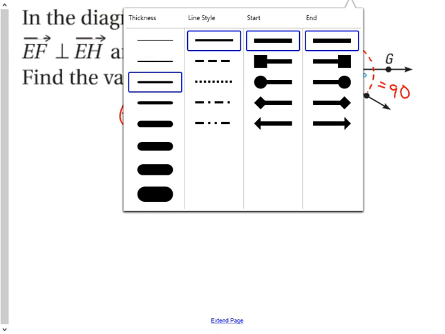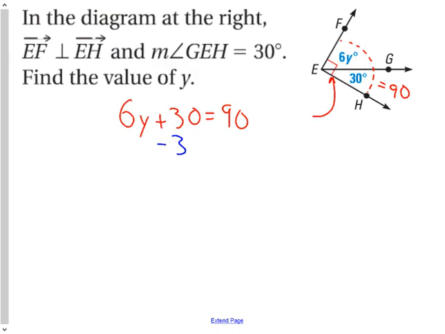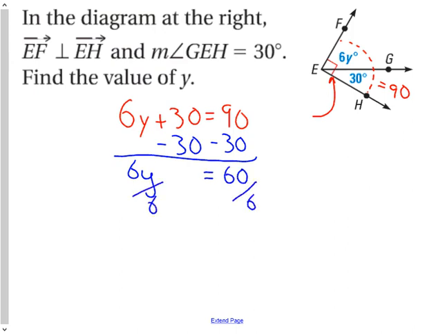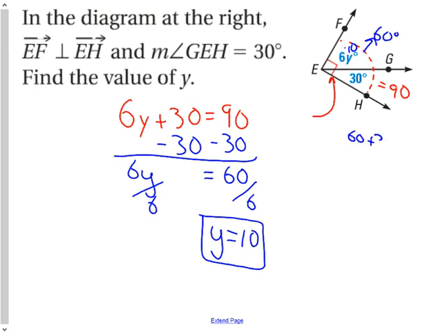Now solving, subtract 30 from both sides. 6 times some number y is 60. Divide by 6 on both sides, and we get y equals 10. You can always check your answer by plugging it in, right? 6 times 10 makes this 60 degrees. And again, 60 plus 30 equals 90 is our double check. Yep. So that one is correct, that y equals 10.